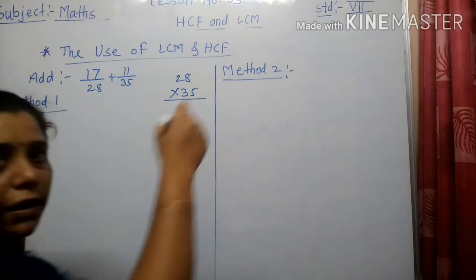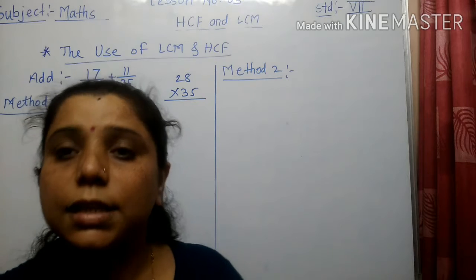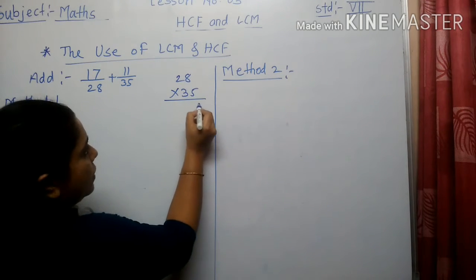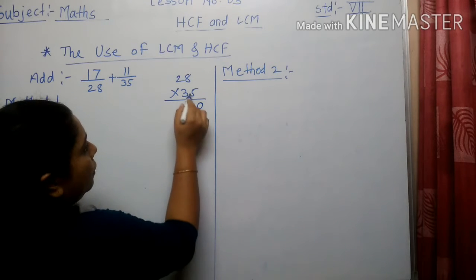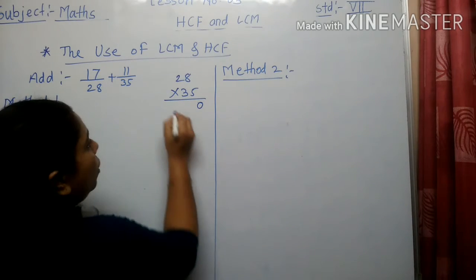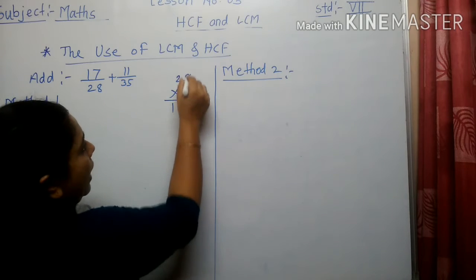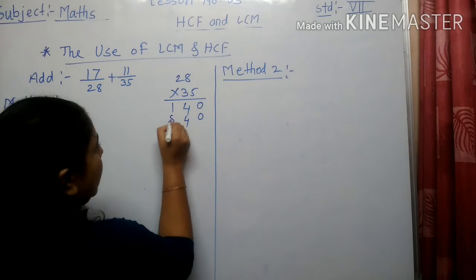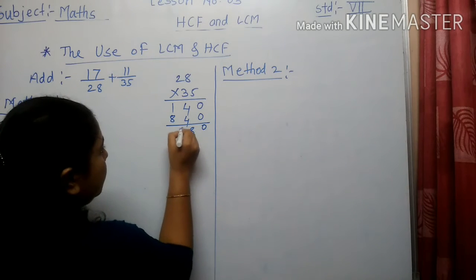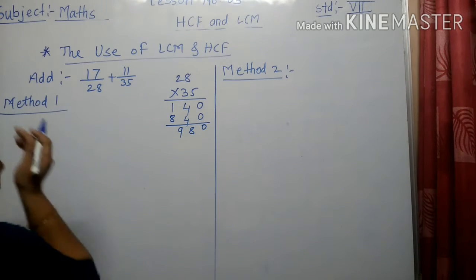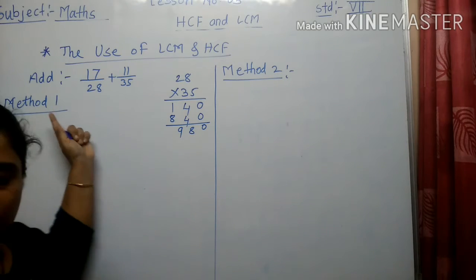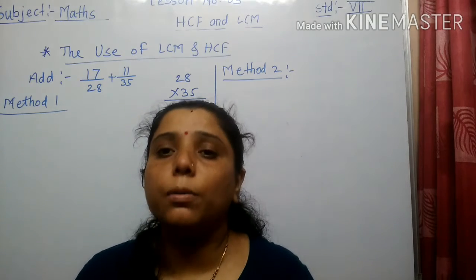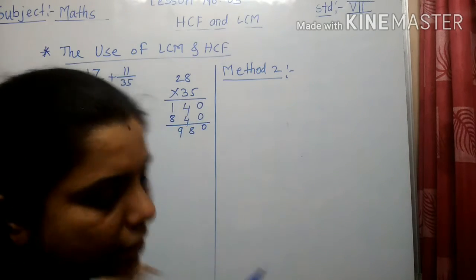Now do the multiplication. 8 fives are 40, 4. 5 twos are 10, 10 plus 4, 14. Then 0. 8 threes are 24, 2. 3 twos are 6, 6 plus 2, 8. So what is your answer? 980. So in method 1, what you have to do is try to make the denominator the same. How to make the denominator the same? Now just see.